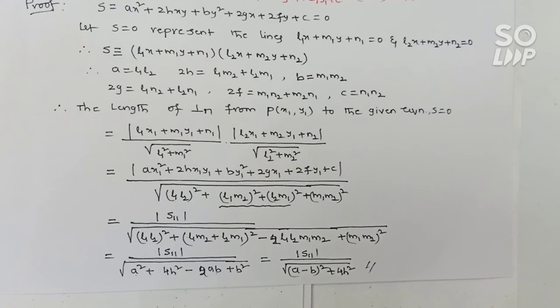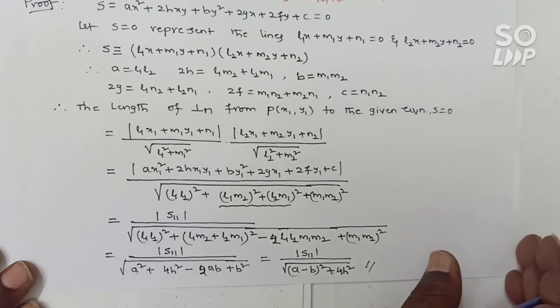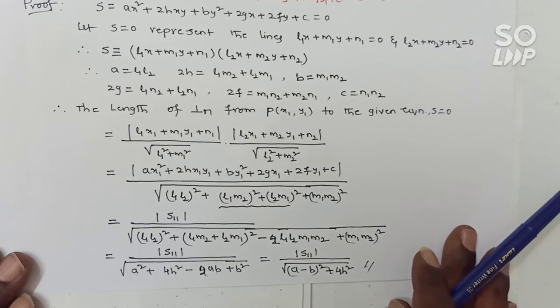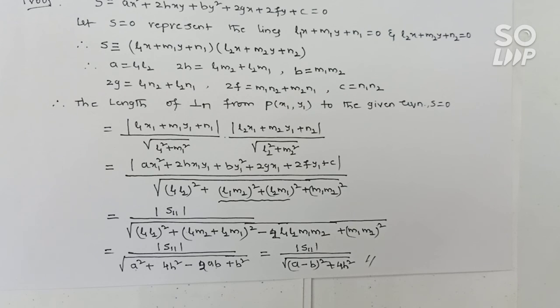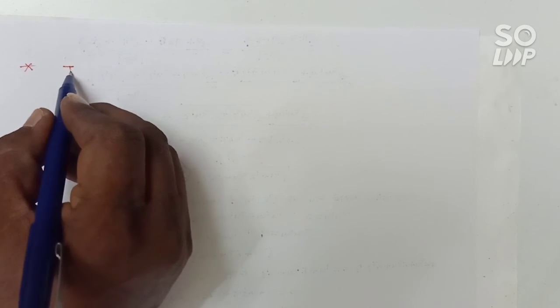Suppose instead of the point (x1, y1), we replace x1 by 0 and y1 by 0. That means the length of perpendicular from origin to the pair of lines. What is that?